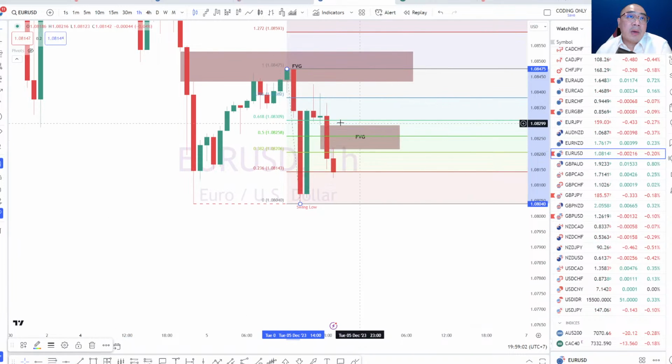All right, that fair value gap would actually cut in the middle at about 50%. Does that imply something? Of course it does. It's at 1.0825. It's also a psychological price level. There could be potential liquidity there that's kind of hidden in view. And in between that, that's also the CE or the consequent encroachment, which is the middle of the fair value gap. A lot of stuff is at that 1.0825.